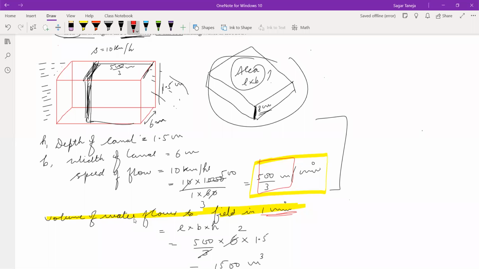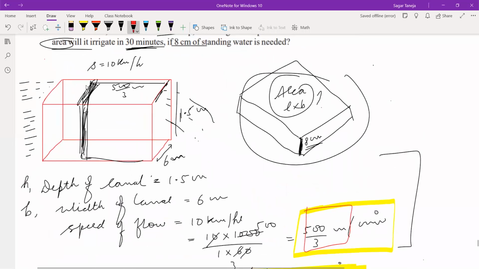That volume of water flows to the field in 1 minute. Look here. Suppose in 1 minute, water will flow a distance of 500 by 3 meter, that is approximately 167 meter. It means the water will cover a distance of 167 meter in 1 minute.